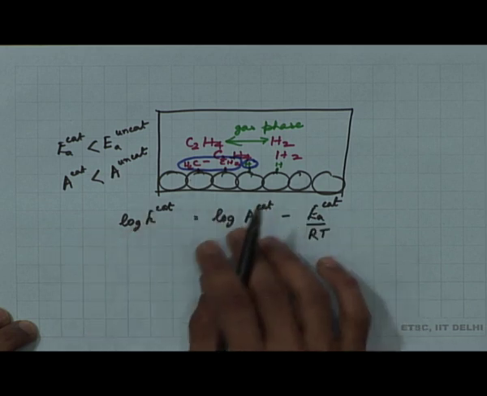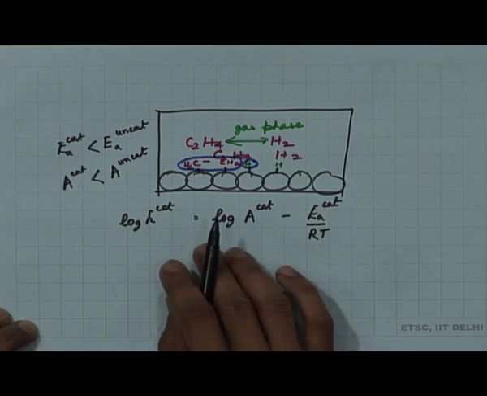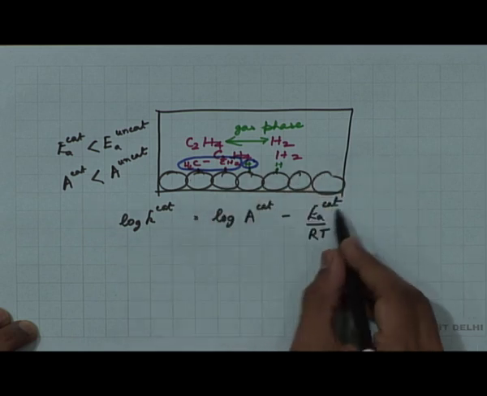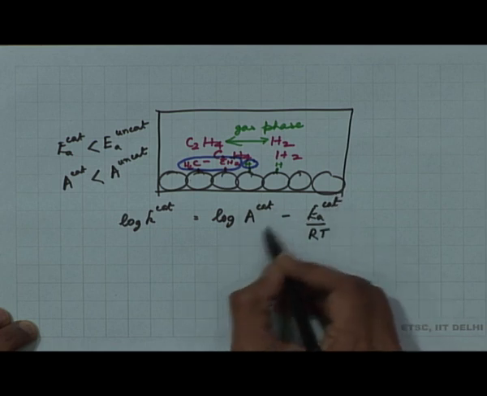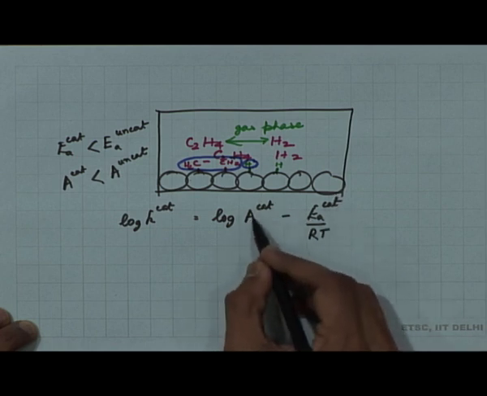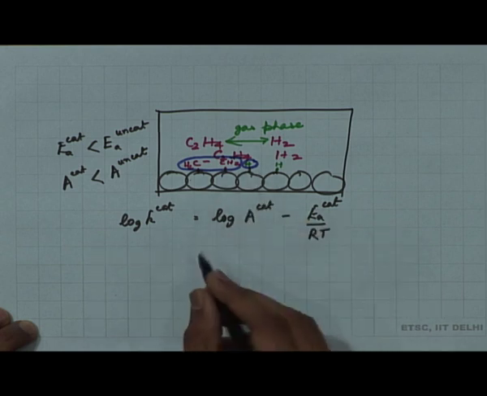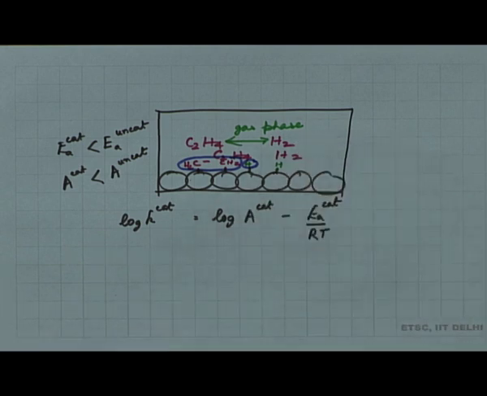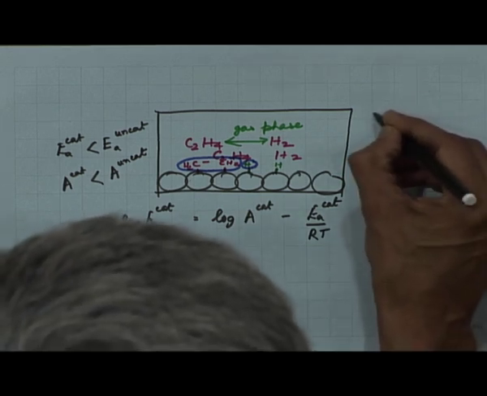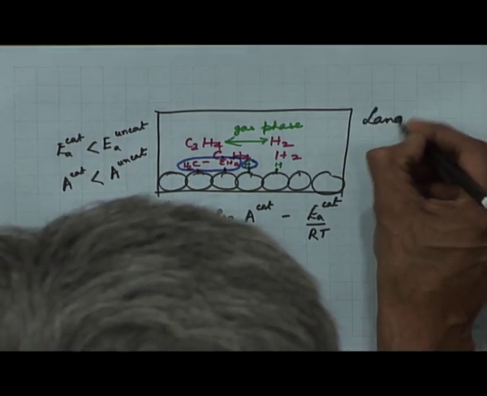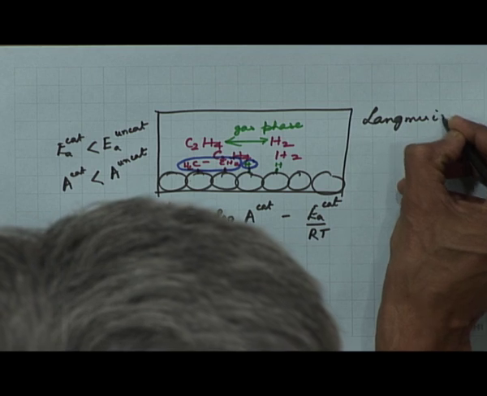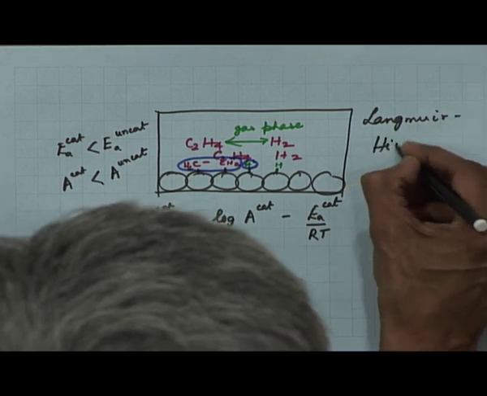So, you will get something which is a little bit faster because this increase is offset by a decrease in this quantity. So, that is what happens, and this mechanism that you have is called the Langmuir-Hinshelwood mechanism.